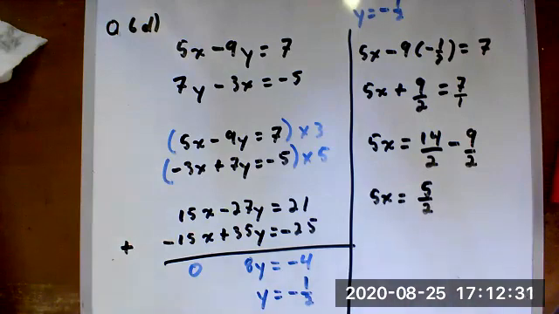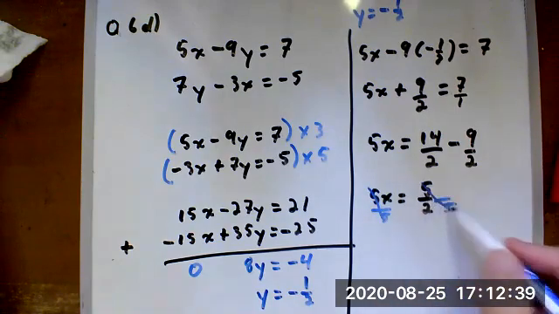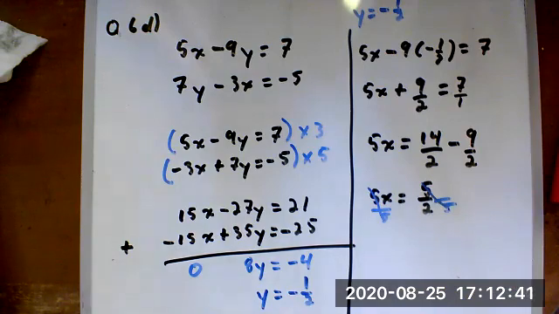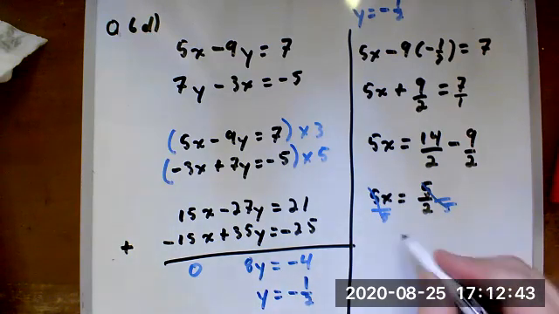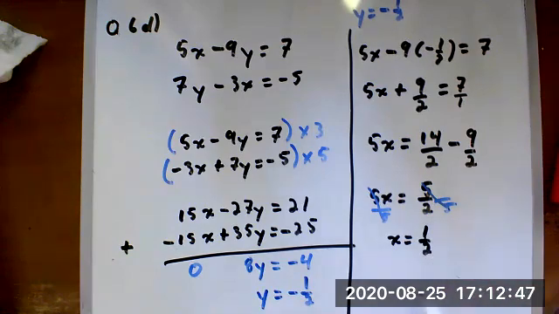We divide by 5 on both sides. Those 5s disappear. And it turns out that x is equal to positive 1/2. So our final solution is 1/2, negative 1/2.